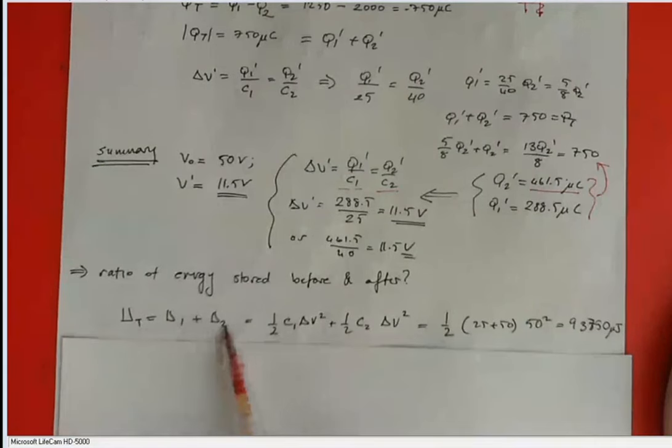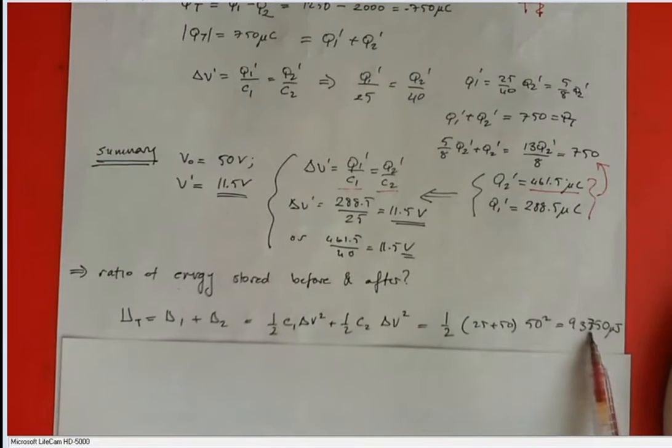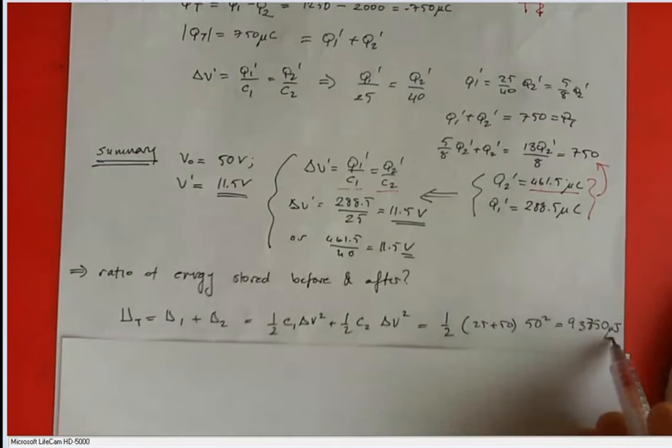This is initial, when this was charged with 50 volts. This is the energy formula, remember, 1/2 C times V squared, and we have two capacitors, and then we can add them up. So initially it is 93,750 microjoules. Again, pay attention that we have a micro here, okay?